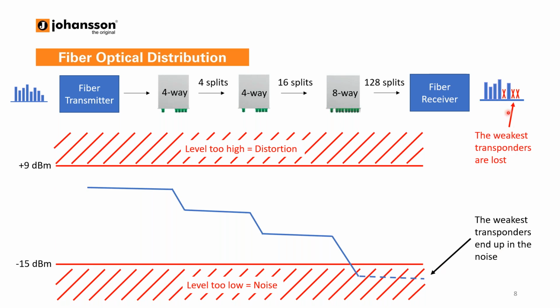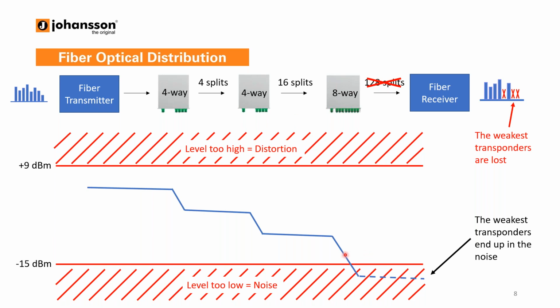So you lose the weakest transponders, or maybe you will not lose them, but definitely you will have distortion in your video image. With the result that in this case you cannot do 128 splits, which you maybe had in mind for your project. You can only do 16 or probably 32 splits.